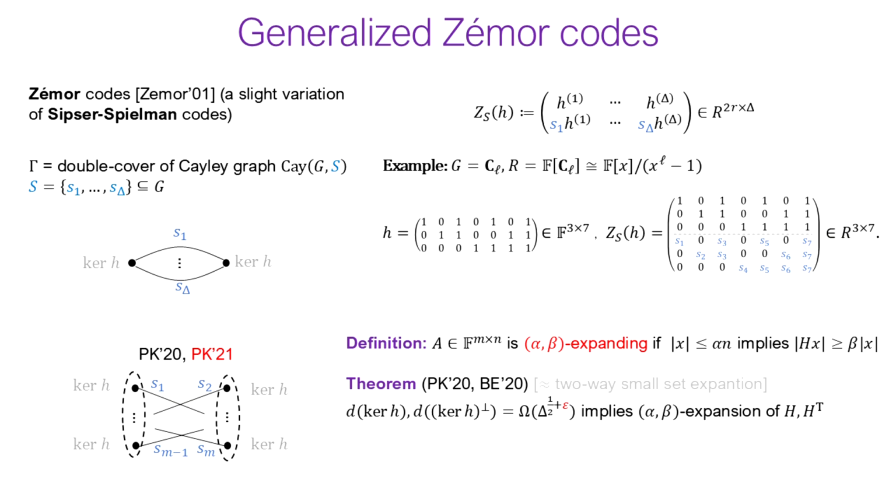We call it alpha-beta expanding, and this was also shown independently in the paper by Brookman and Eberhard: if the local code and the dual of the local code both have distance that grows at least as square root of n, then we have alpha-beta expansion both for the parity check matrix of the code and for the transposed version.